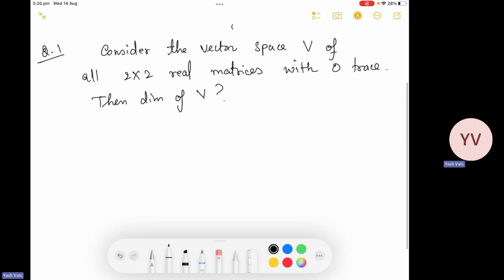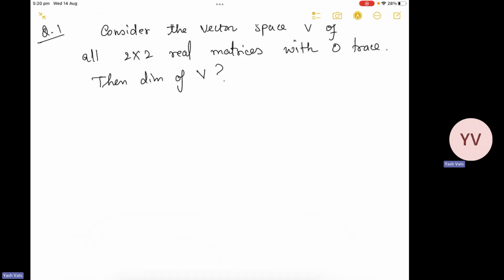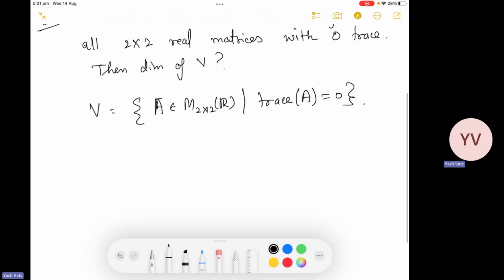So you have a vector space of all real matrices with zero trace. What does it mean? So let the space be like this one: V is all A belonging to M2 by 2 over R such that trace of A is 0, right? So you have to tell what is the dimension.